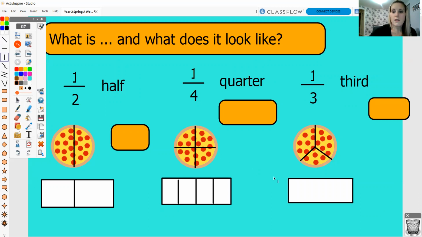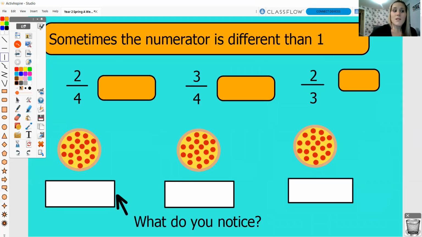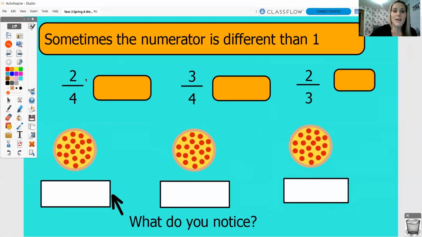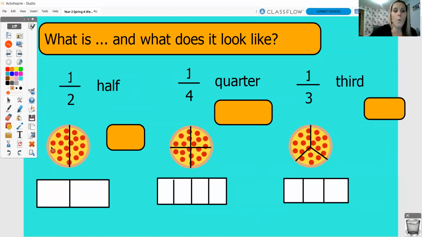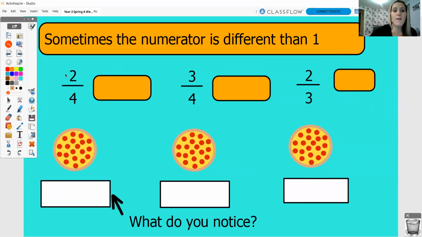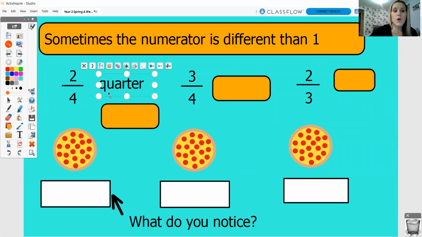We have to make sure it's equal, otherwise our answer won't be correct. So that's halves, quarters, and thirds. Now, sometimes the numerator is different. That doesn't mean we're looking for 1/2 or 1/4. It means we're looking for 2 quarters.